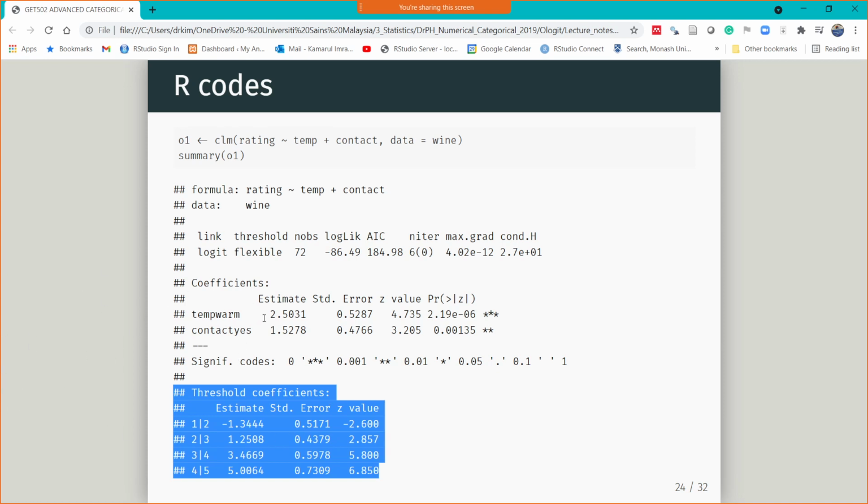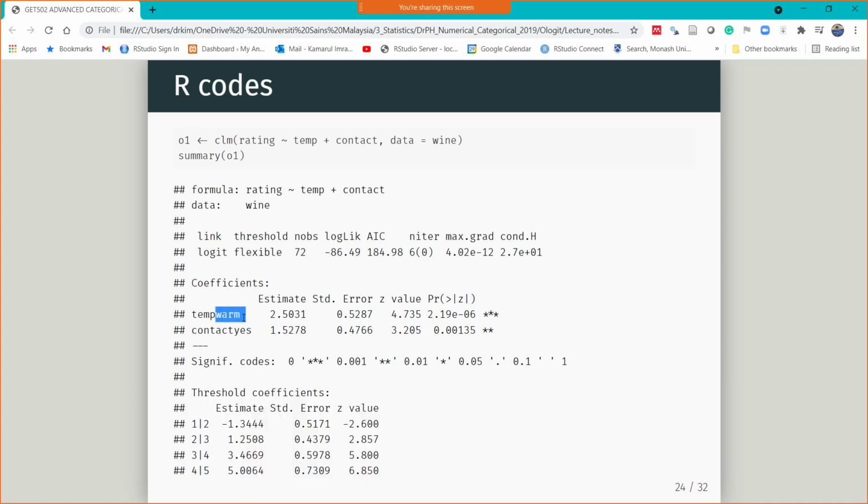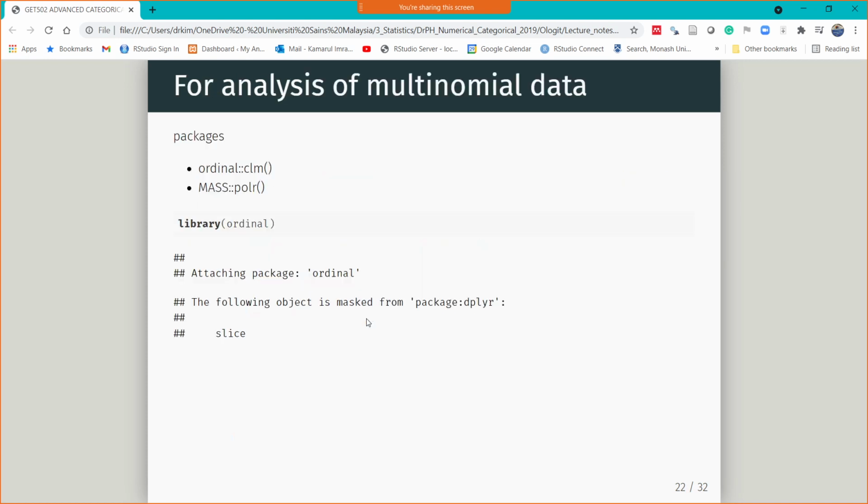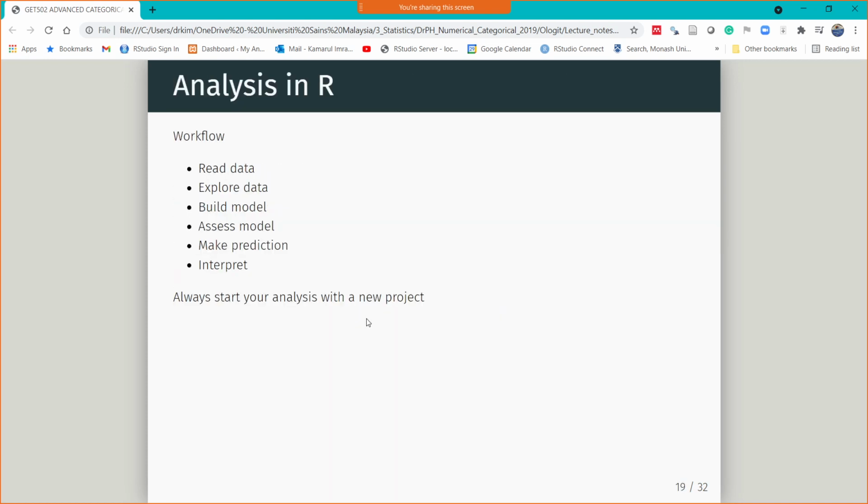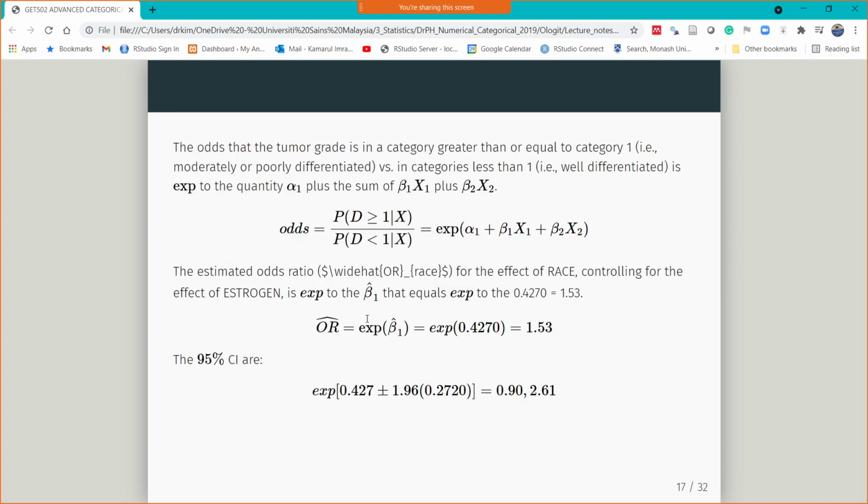So the log odds for temperature, which is warm temperature, has 2.50 log odds to be in the what category? I forgot already this one. Greater or equal to lower.